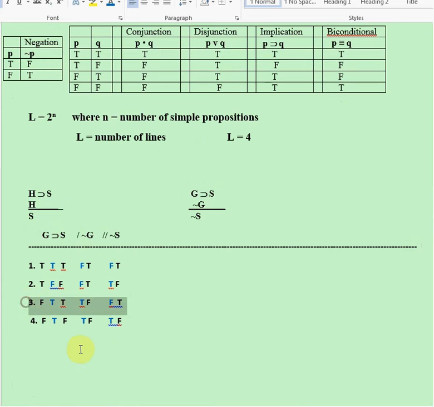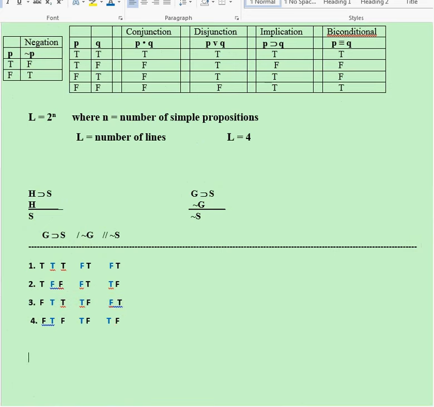There's a violation of validity, right? Because the premises are true and the conclusion is false. This means that the argument is invalid automatically. We could look at the fourth line, T T T. Okay, no problem there, but because we have that one line in which the premises are true, and that's the third line, and the conclusion is false, the argument is automatically invalid.